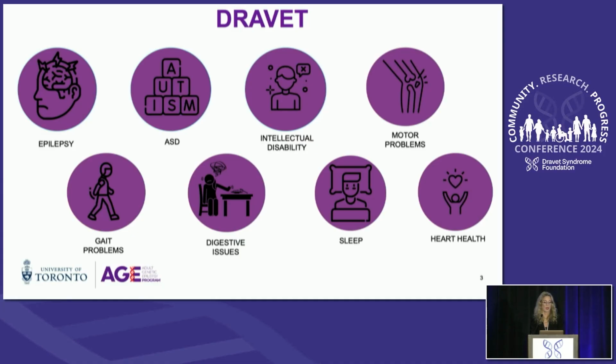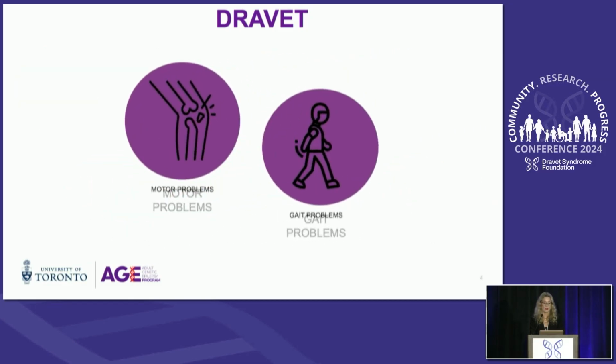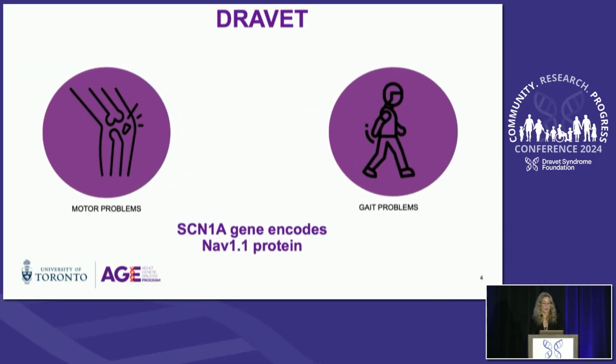We have the epilepsy, the autism, the intellectual disability, all the motor problems, gait problems, some digestive issues that we don't talk about too much, maybe because we are neurologists and we don't think about them very much, but I'm sure you as parents do know about these problems, as is the case for sleep and the heart. So we'll focus on these two things here.